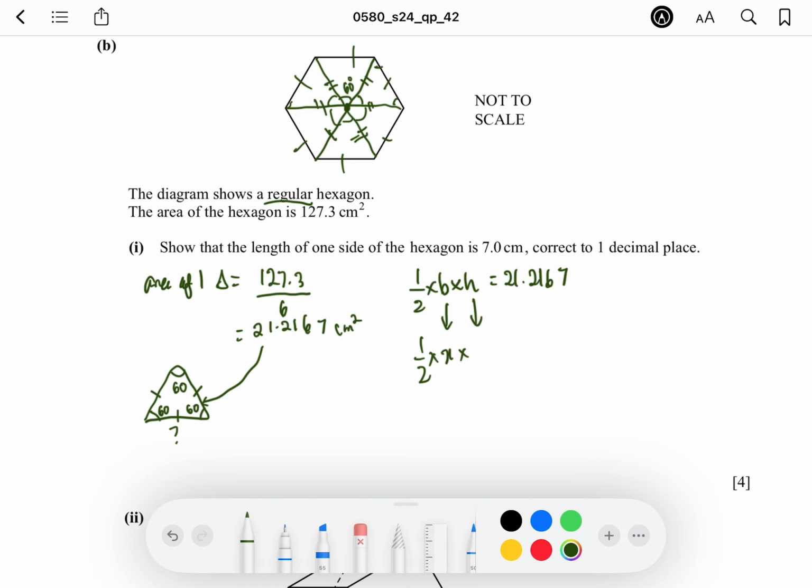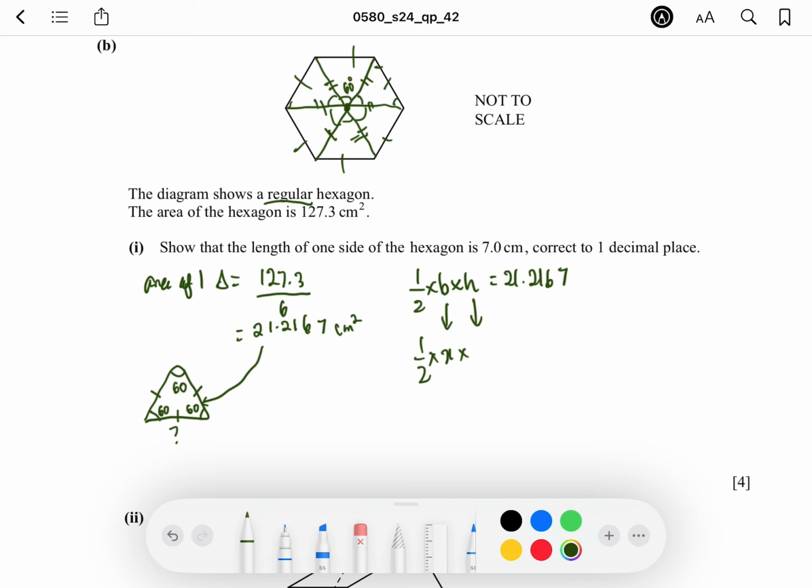Do you know another formula to find the area of a triangle besides half times base times height? Half times base times height, as I mentioned when we did trigonometry, is for finding the area of a triangle if there is a perpendicular height.